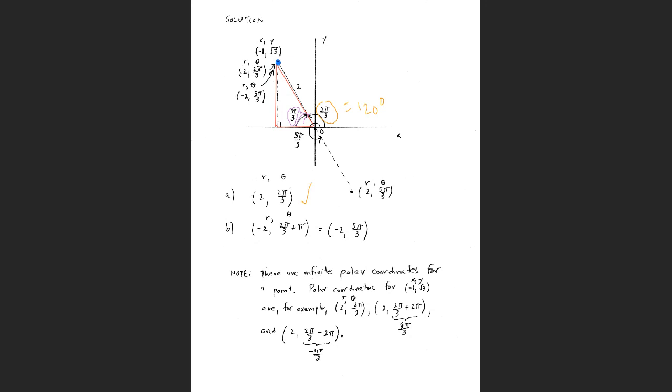And that gets me to the point -1, √3. So 2 and 2 pi/3 would be a polar coordinate. Give you a moment to copy here.